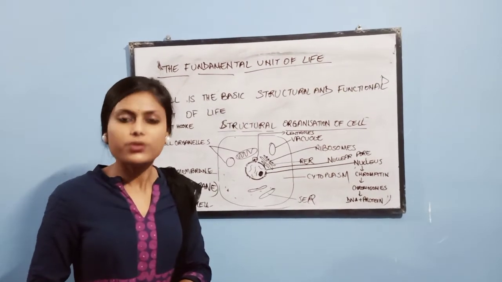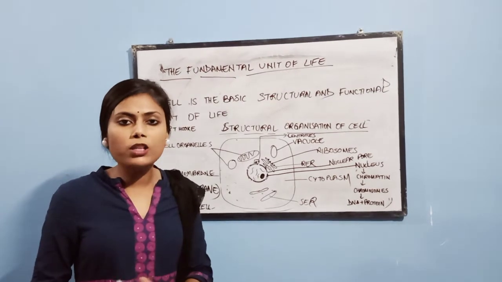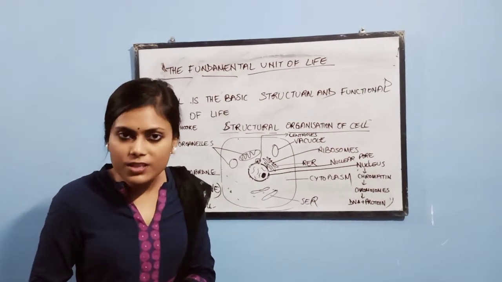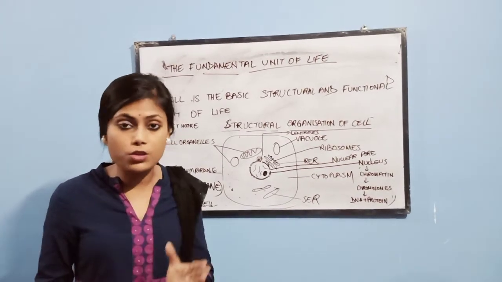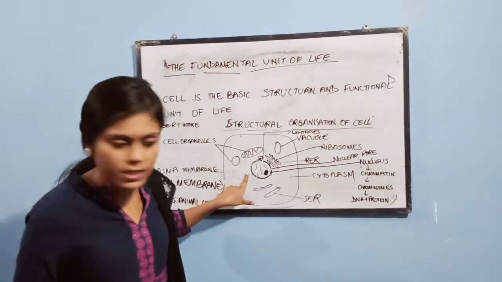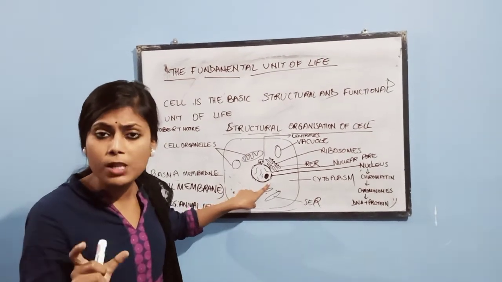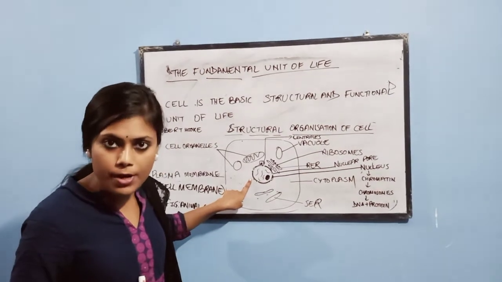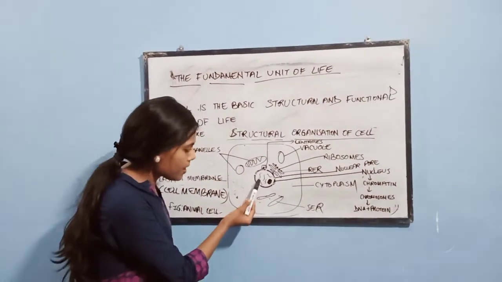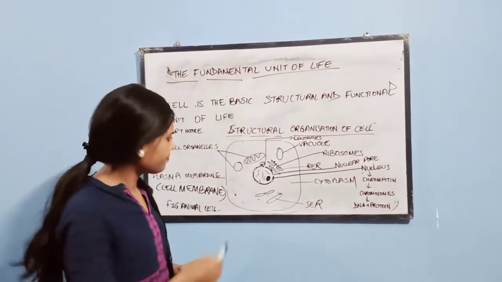Because it regulates all the metabolic activities of the cell. If we look into the structure of the nucleus, what do we see? A nucleus is a double membrane structure which consists of the outer membrane and the inner membrane. In between there is the perinuclear space.